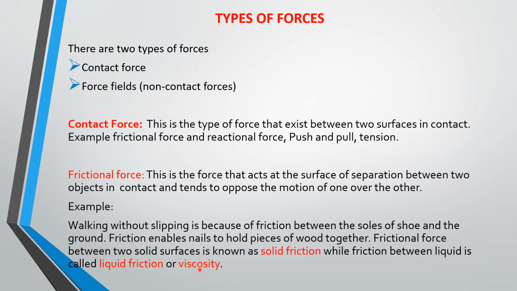Some fluids are more viscous than others. Water is less viscous than oil. So the frictional force that exists in fluid is called viscosity, while the one between two solid surfaces is called solid friction. I hope this is clear. You understand friction, right?